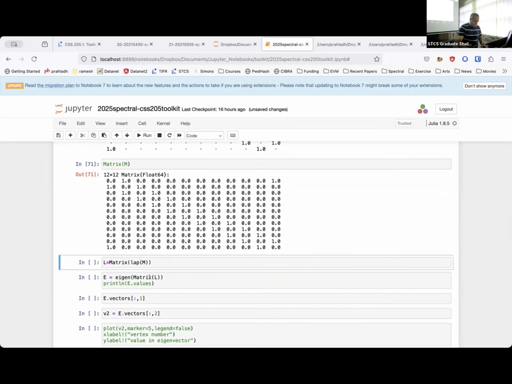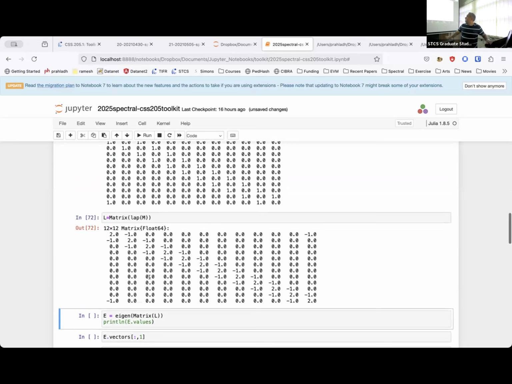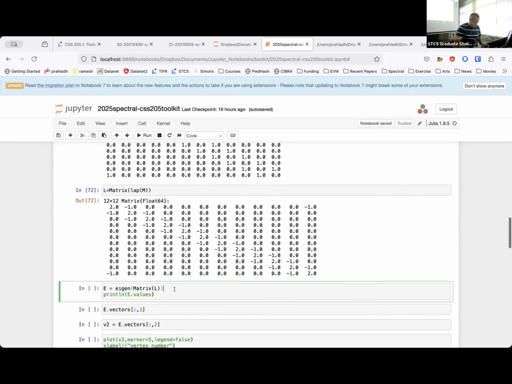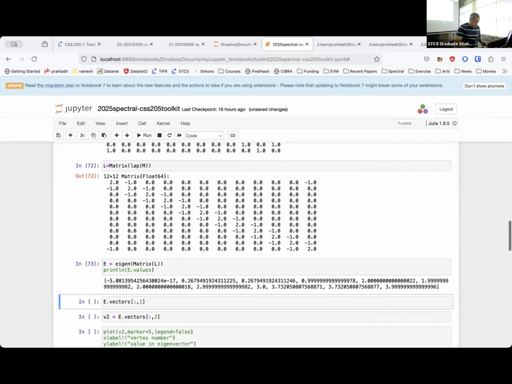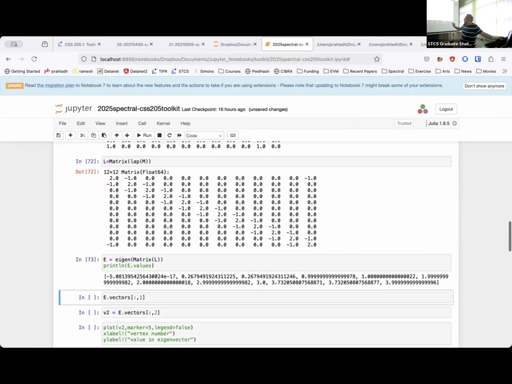Now let's also write the Laplacian of the matrix. The Laplacian is going to have 2 on the diagonal and minus 1's. I've asked eigen, a program which finds the eigenvalues of a matrix, to take the matrix corresponding to the Laplacian and find the eigenvalues.